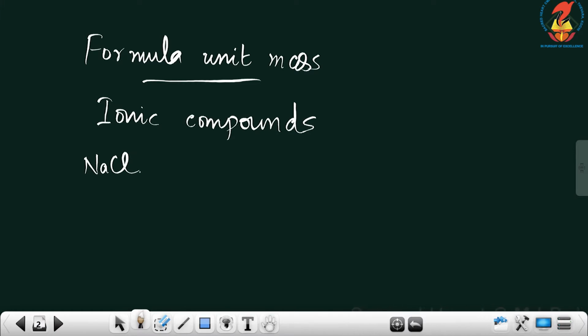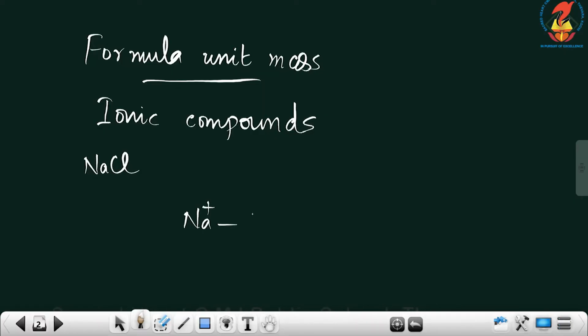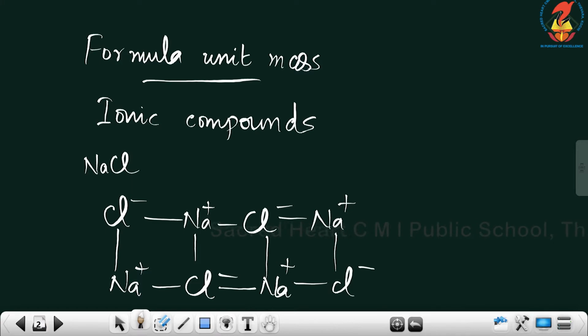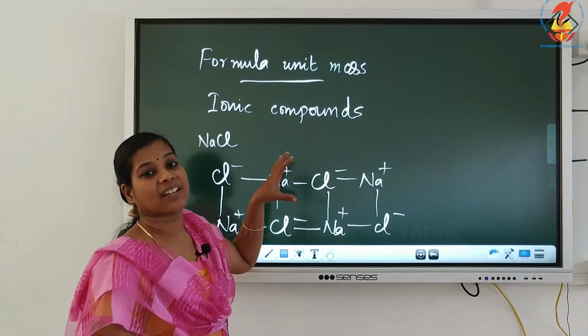In its crystal, positively charged Na plus is bound to Cl minus, and each Cl minus is bound to other Na plus ions, and so on, connecting throughout the crystal.